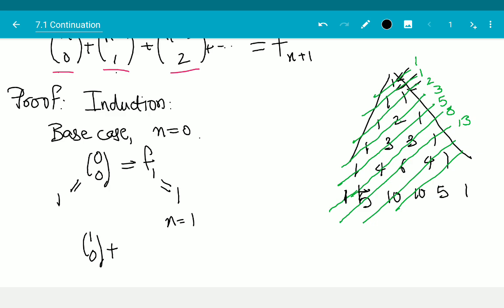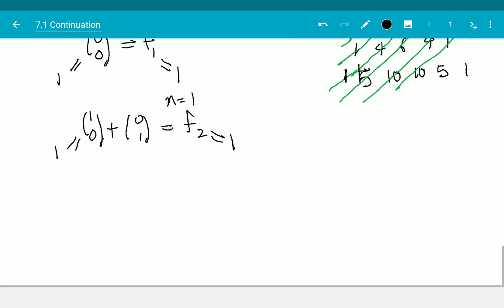And that should give me f of 2. F of 2 is 1. Ah, right. F of 2 is 1 by my definition. You're right. Okay. Sorry. Plus 0 choose 1 is equal to f of 2, which is also 1. And this is also 1. So things are matching up. My bad. That took me a couple seconds.